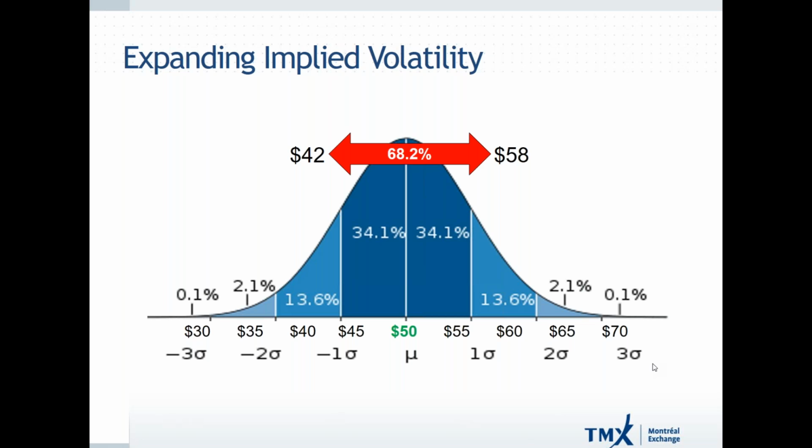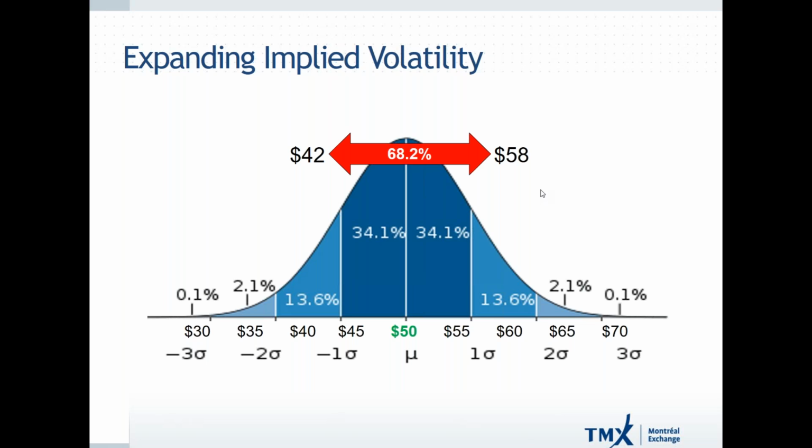So you can see that there's what I would call a ripple effect. When the at the money options, basically centering around the current underlying value of the security, adjust, the other option contracts out across the distribution curve will adjust as well.